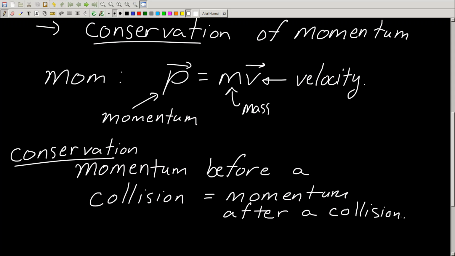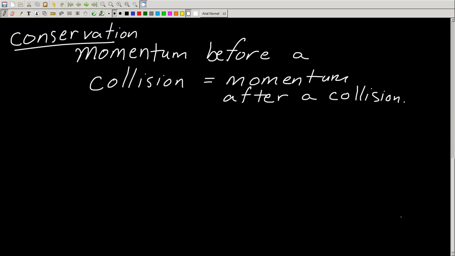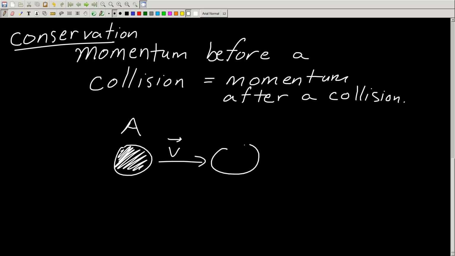So let's say you have a system, okay? And in this system, you have two objects that are colliding. Okay, so let's say we've got two balls, A that is traveling at some velocity v that collides with a ball B, okay?